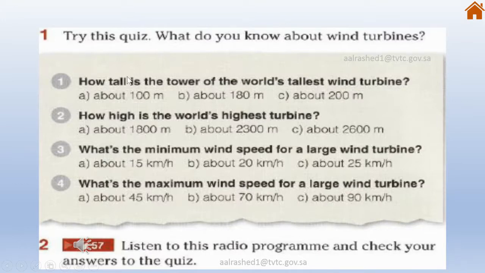Okay, for the first one, the tower of the world's tallest wind turbine is 186 meters. The world's highest turbine is in Gutsch, about 2,300 meters high.